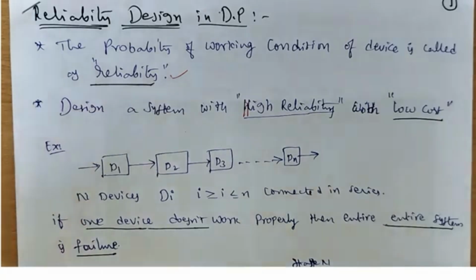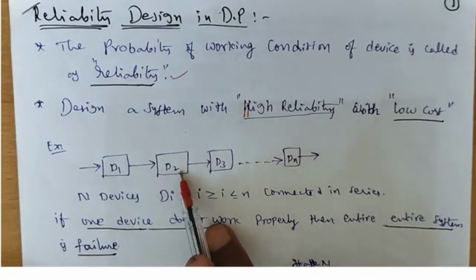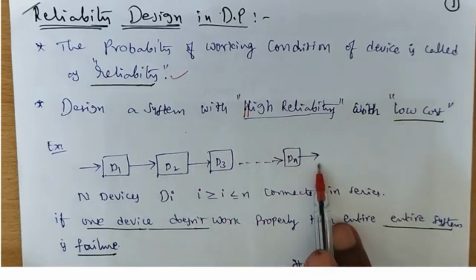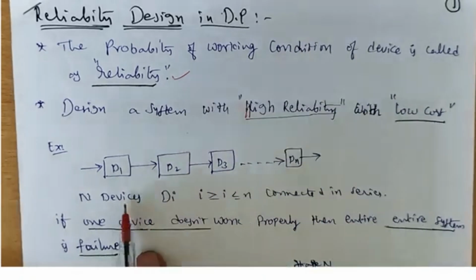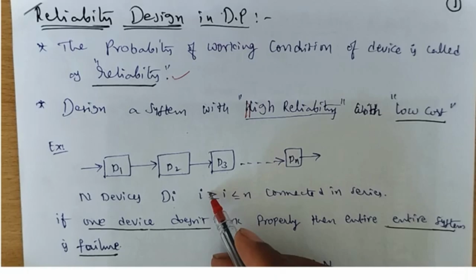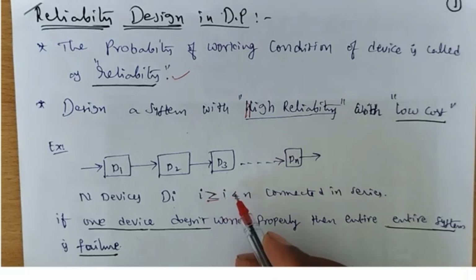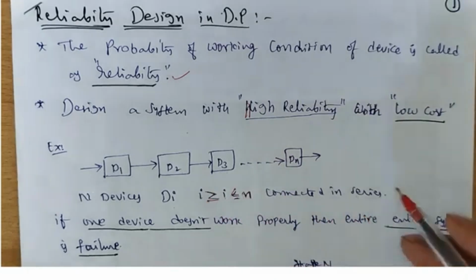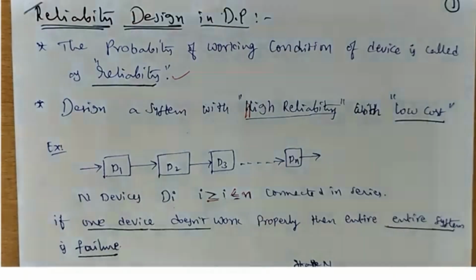For example, here I am taking device 1, device 2, device 3, up to n devices. Here n is the number of devices. Di, where 1 is less than or equal to i, less than or equal to n, connected in a series.